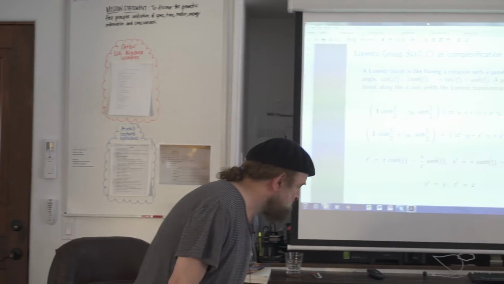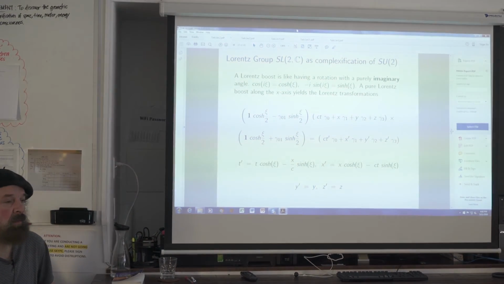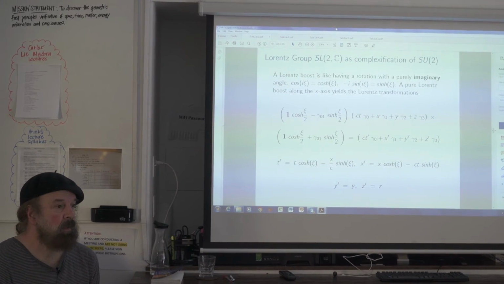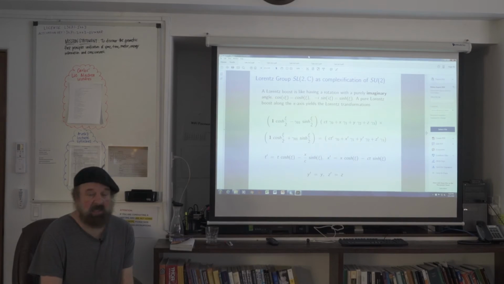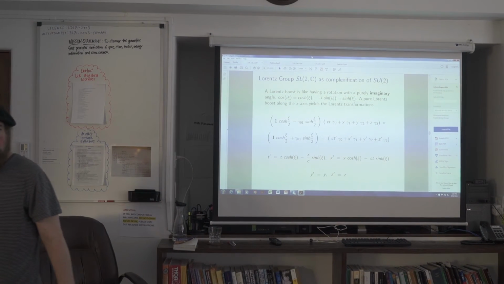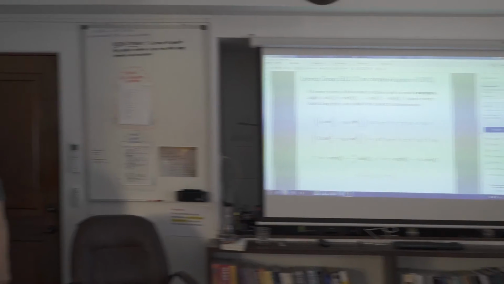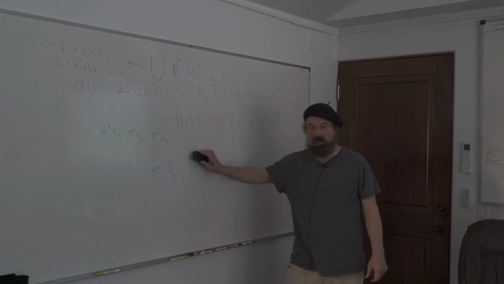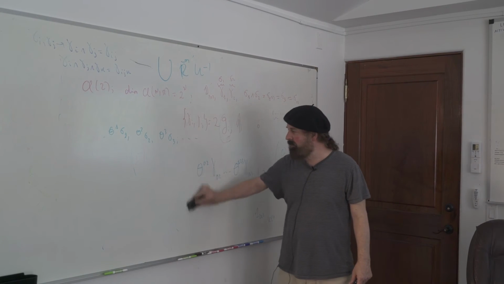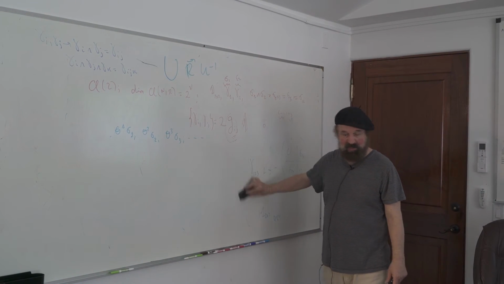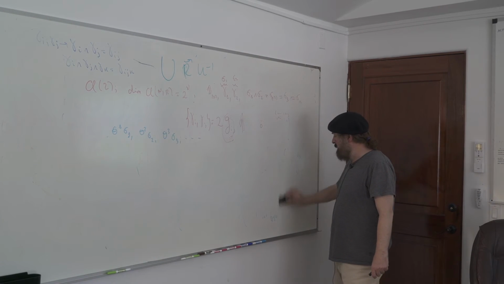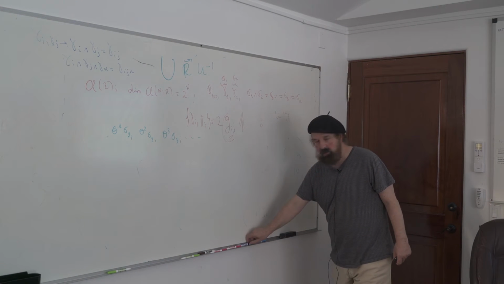Yes, you can get the Lorentz group in the Clifford algebra. Amrik should be talking about that in his future lectures. Remember when I gave you the commutators of your Lorentz group?